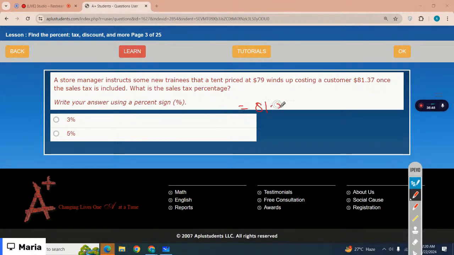You have to do 81.37 minus 79 divided by 79, right? That is 2.37 divided by 79, that equals 3%. So that means the sales tax is 3%. The correct option is 3%. Option number one is the correct option.